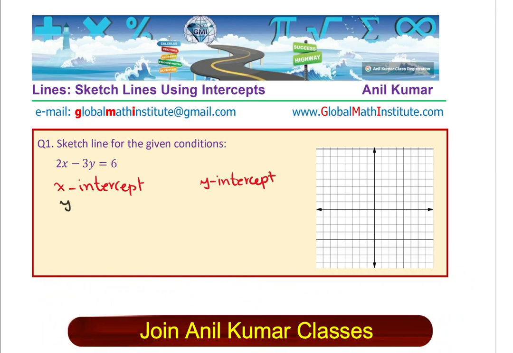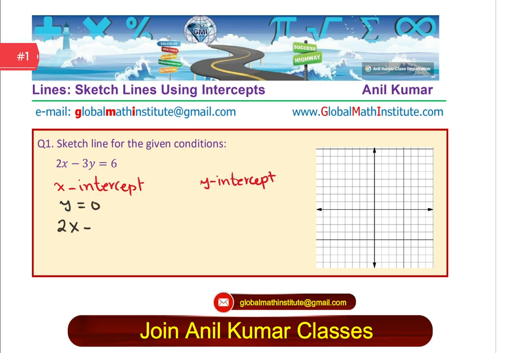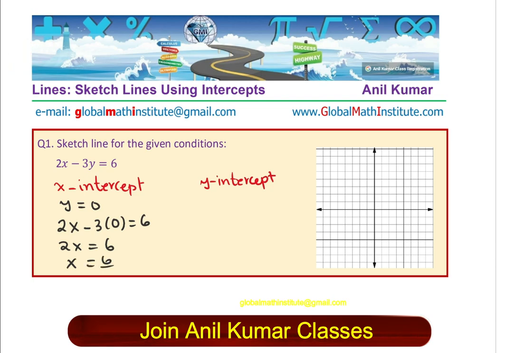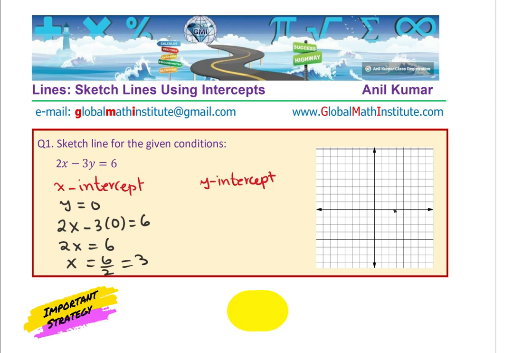I'm going to substitute y equals 0 in the given equation. So we have 2x minus 3 times 0 equals 6, right? So clearly 2x is equal to 6 and x is equal to 6 by 2, which is 3. So I get my x-intercept as 3. On this particular graph, I'm marking the x-intercept as the point 3.